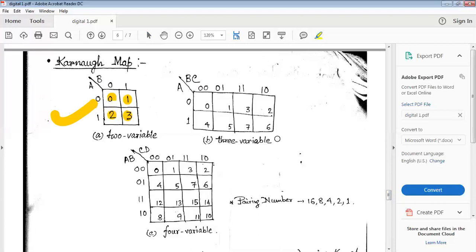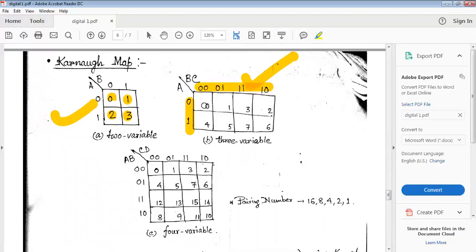For three variables the total number of cells will be 8. For three variables 2 to the power 3 is equal to 8, and the K-map is written like that. A will vary from 0 to 1 and BC will have 4 combinations, total 8 combinations, and it is written as 00, 01, 11, 10, not 10, 11, because I cannot vary two variables at the same time.